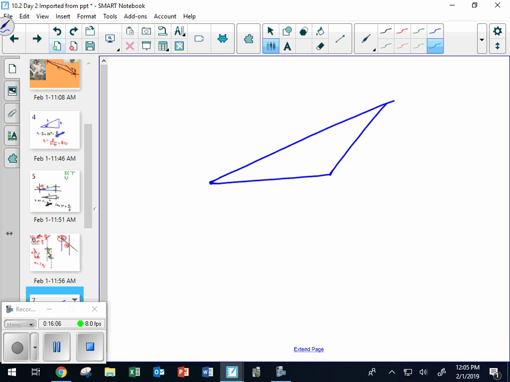Like, for example, can you see this right triangle that's around the outside of it? Okay, and there's a right triangle over here. You get what I'm saying? All right, and where's the last one? This one's a little harder to see.